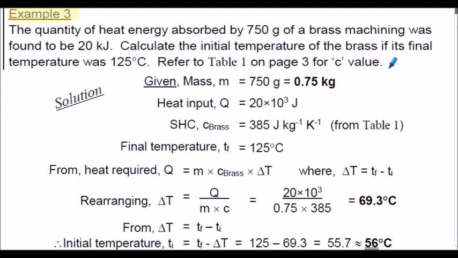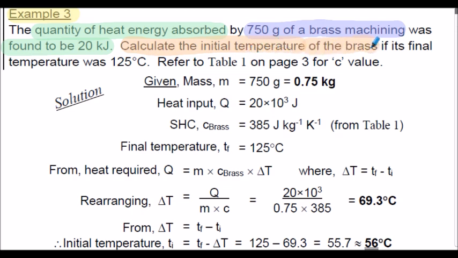Example 3, the quantity of heat energy absorbed by 750 grams of a brass machining was found to be 20 kilojoules. We've got to calculate the initial temperature of the brass, if its final temperature was 125 degrees C. Again, we refer to table 1 for the value of specific heat capacity.